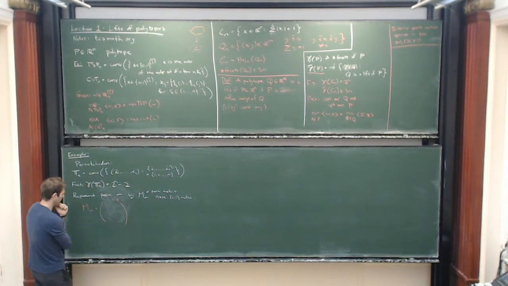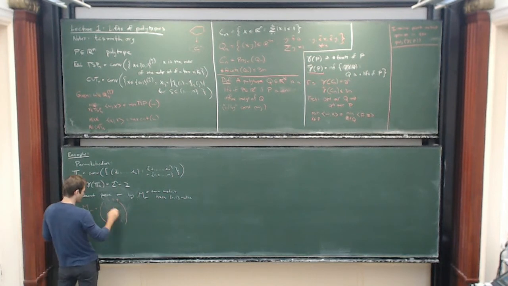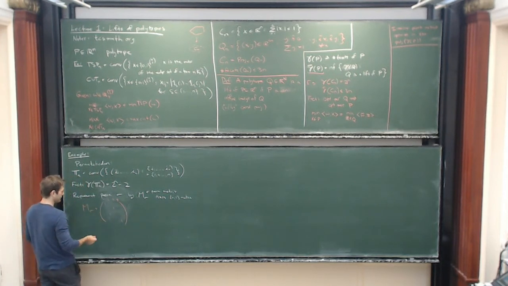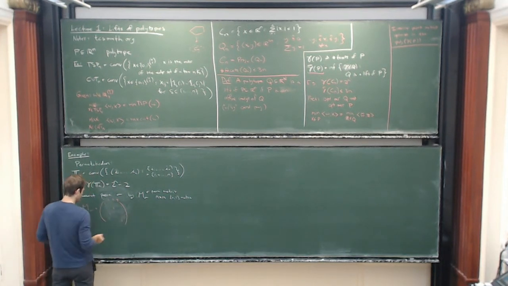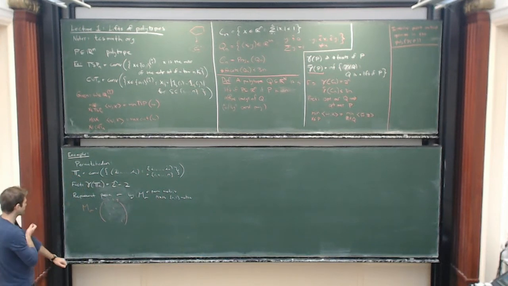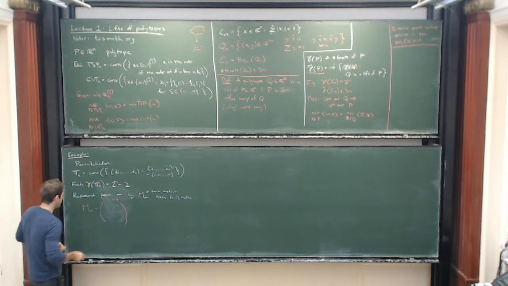What does it mean? I need to lose some things. I need to go down to n dimensions. Yeah, that seems like that should work, right?